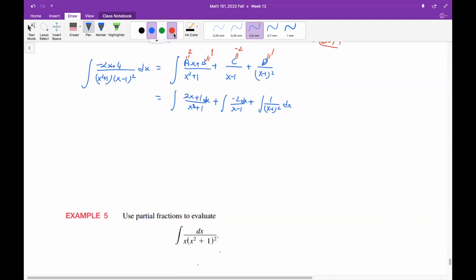You can try to use a substitution first, but it won't work. Let me show you why it is not working. You see, if this +1 wouldn't be here, then you would call the denominator u, and the numerator du, and you know how to integrate du over u. It is ln u, right? But with this +1 here, this substitution is not working anymore.